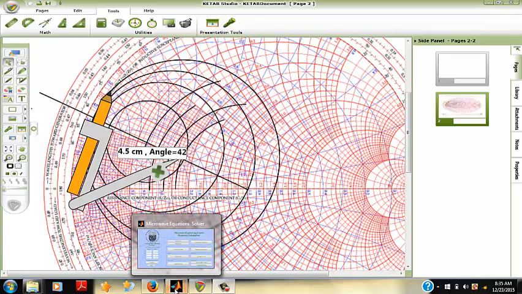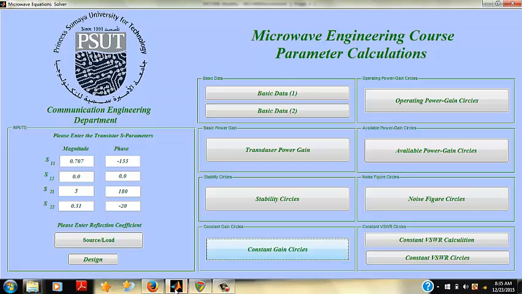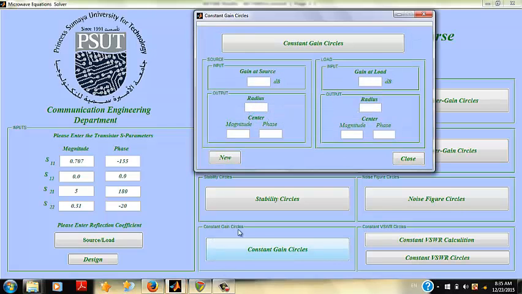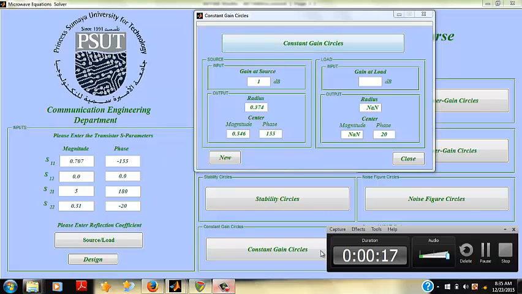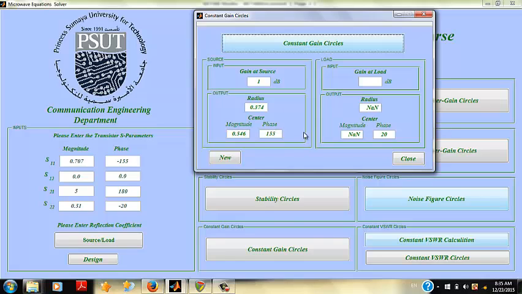And now we will open the calculator, constant gain circles, and we want to enter 1 dB. So we're gonna put 1 dB for the load.